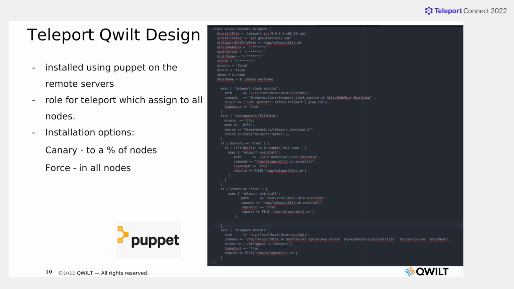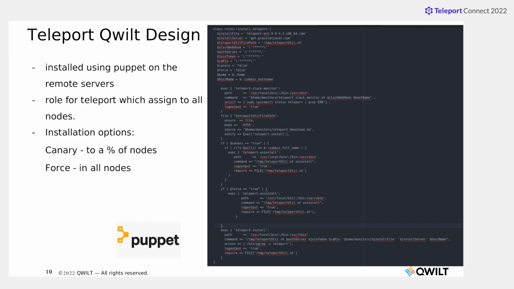Okay, so I mentioned that all the caching servers are using Puppet. So this is the Puppet manifest, and all the parameters which are found above are created dynamically, because I would like it to be more dynamic, and the token is rotated.